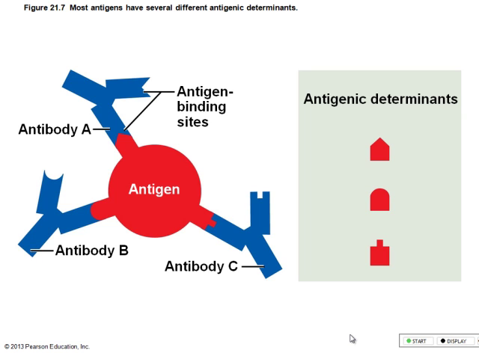So, antigens have antigenic determinants. Some of them have several, most of them do. And your body can make very specific chemicals to neutralize them called antibodies based on their antigenic determinants. So for this particular antigen, how many different antibodies can my cells make to neutralize it? 3 different ones in this example.